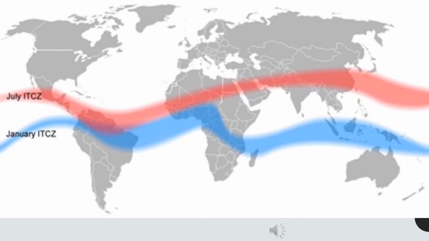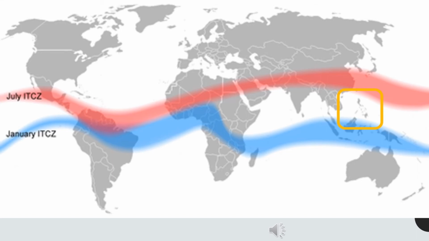In this picture, you can see two lines, the red line showing the July ITCZ and the blue line showing the January ITCZ. Bakit nagbabago ang position ng ITCZ throughout the year? It is because the ITCZ shifts towards the area of greatest solar radiation or rays from the sun.